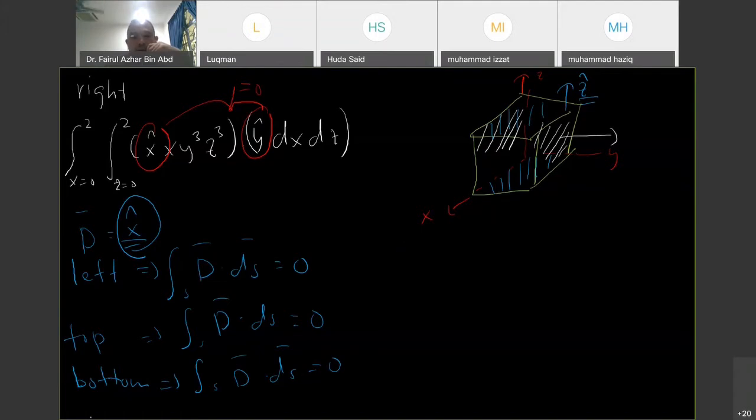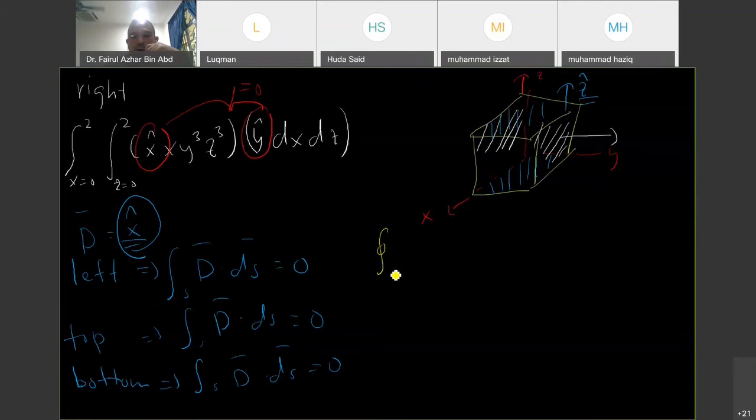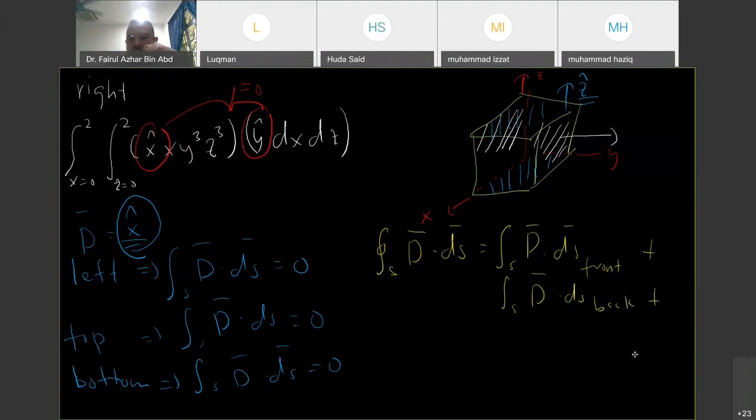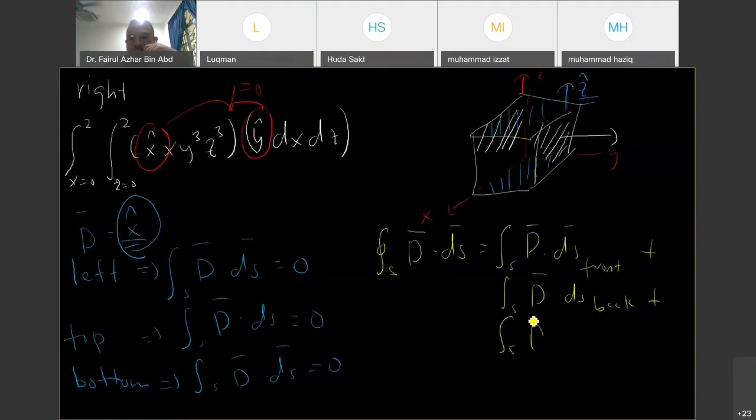And in order to complete our answer, because we have the closed surface integration of D dot dS, it is equal to D dot dS on the front, plus the surface integration of D dot dS on the back side, plus the surface integration D dot dS on the right side, plus the surface integration D dot dS on the left side, plus the top and the bottom as well.